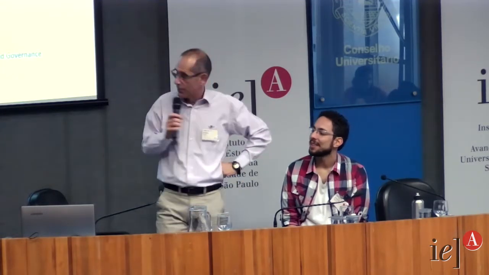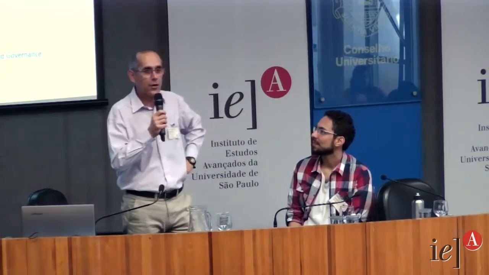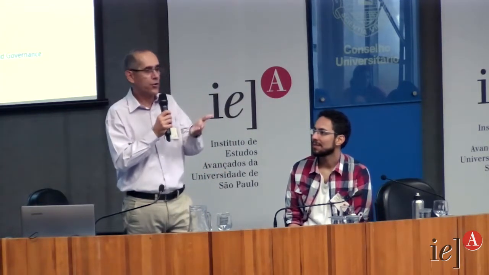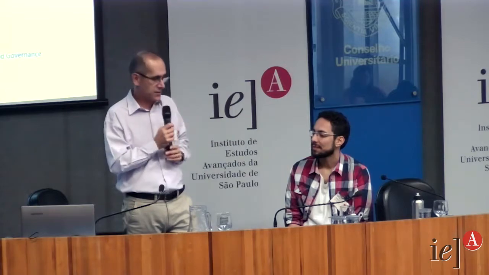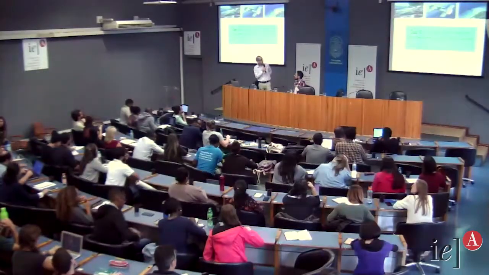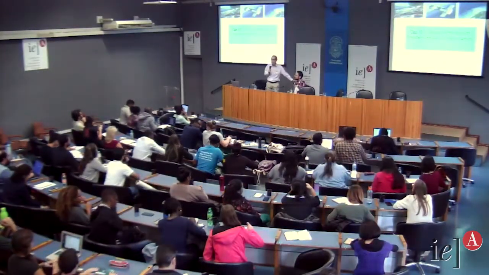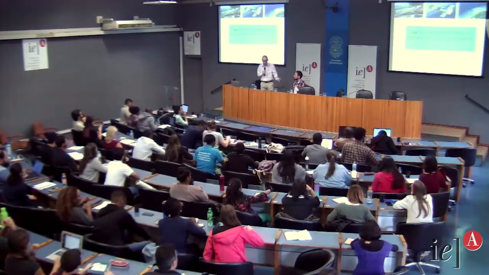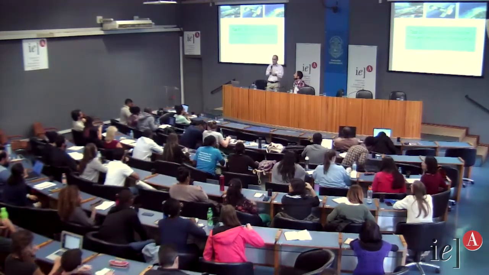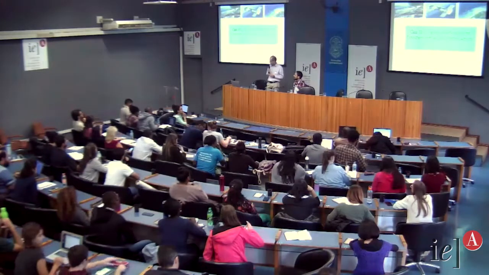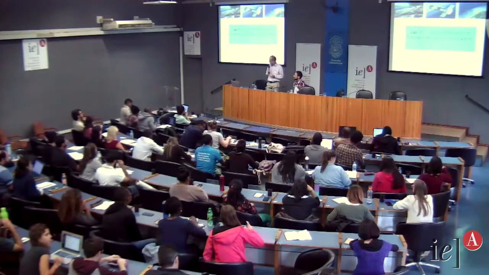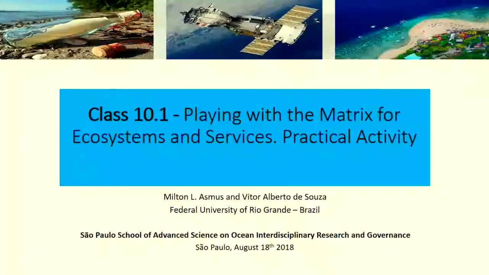Okay, so we're going to show you the next part of this section. I have Victor here with me because he helped me with this, and he is also going to explain some aspects of this, all right? So the idea is there are some materials being passed around.